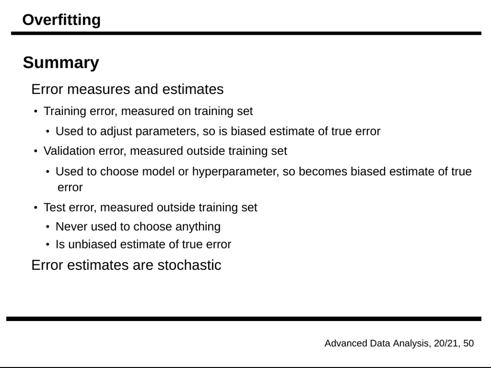In order to solve that, we have the test error. The test error is an unbiased estimate of the true error, because we are measuring on a data set that we did not use to decide anything. So we did not affect that measurement by choosing something. In order to choose hyperparameters or the best model, we use the validation set, which is a set of points outside the training set, so that each estimate that we do is an unbiased estimate of the true error every time we measure the validation error.